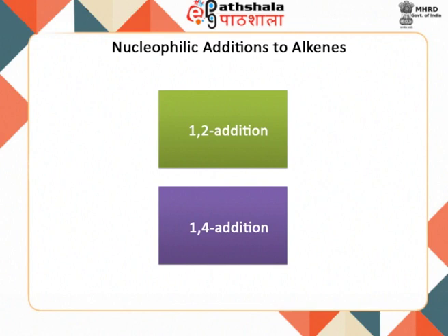For example, the alpha-beta unsaturated carbonyls have two electrophilic sites, the carbonyl carbon and the beta carbon. Thus, the nucleophile may possibly attack both sites, leading to either a 1,2 addition or a 1,4 addition respectively. The latter is also known as conjugate addition, as addition occurs to the double bond conjugated with the carbonyl functionality.